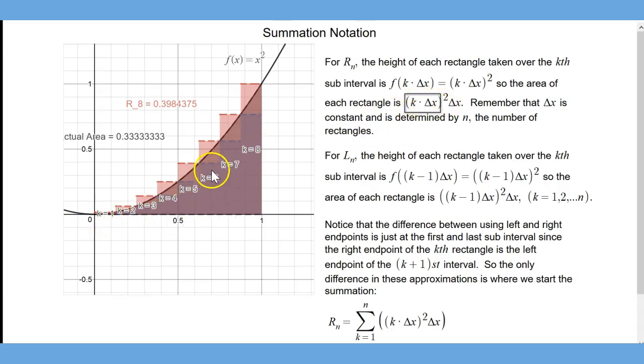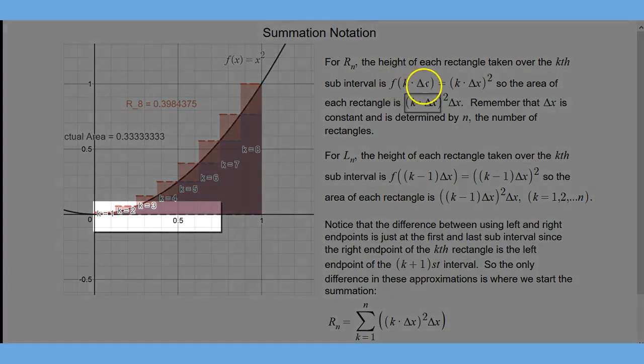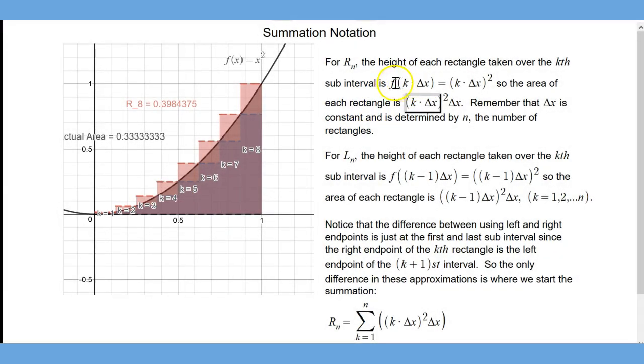In other words, if I'm on the 6th subinterval, my x value that I plug into my function for the height of that rectangle is going to be 6 times delta x. So I'm evaluating my function at k times delta x, and my function's x squared.